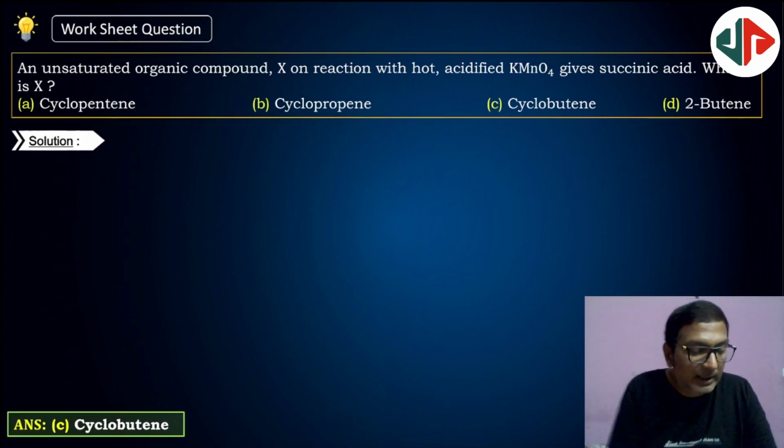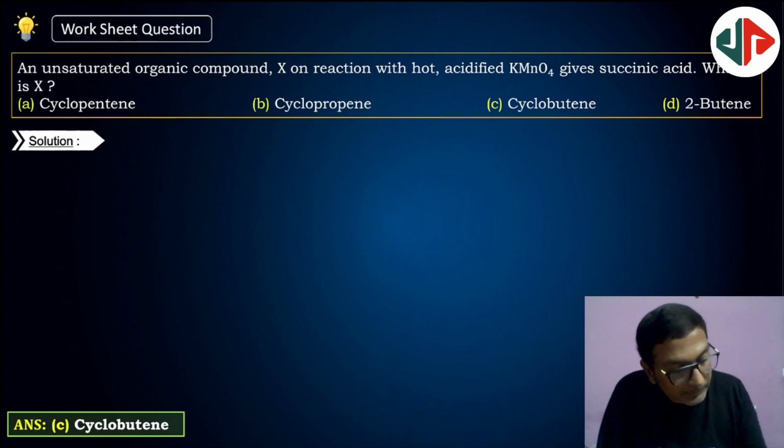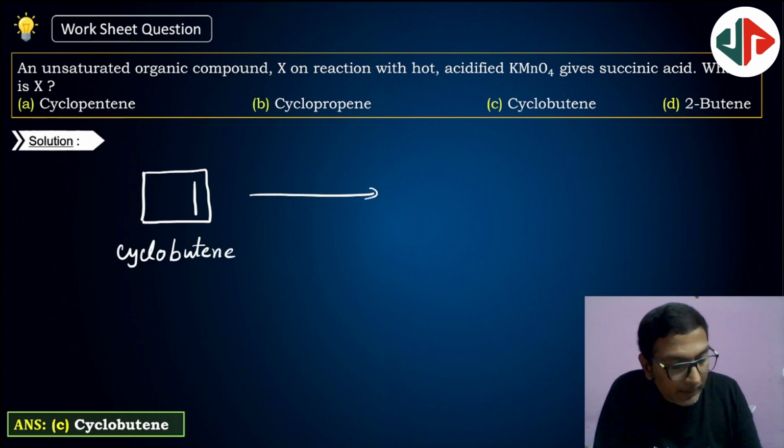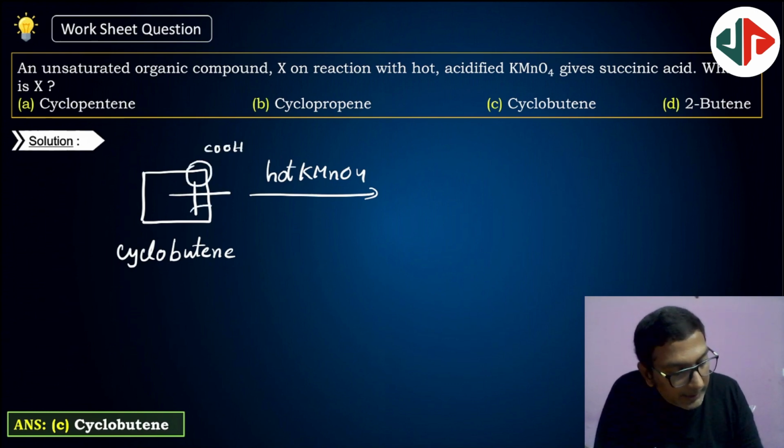An unsaturated organic compound X on reaction with hot acidified KMnO4 gives succinic acid. So what is X? Take cyclobutene with hot KMnO4. It dissociates like this. Here this carbon will be converted to COOH and this carbon will be converted to COOH.